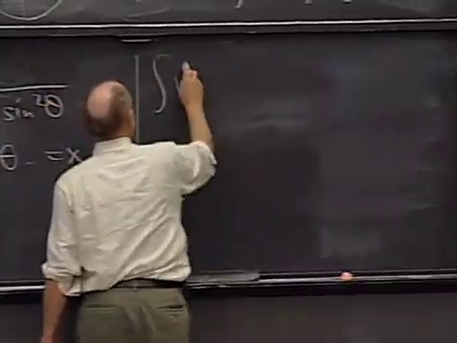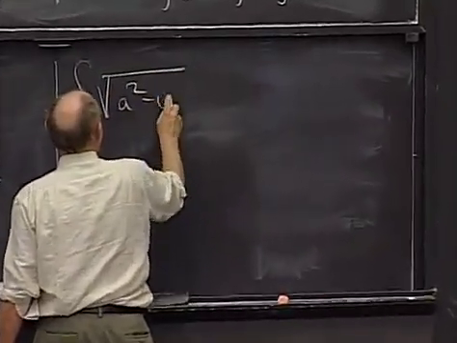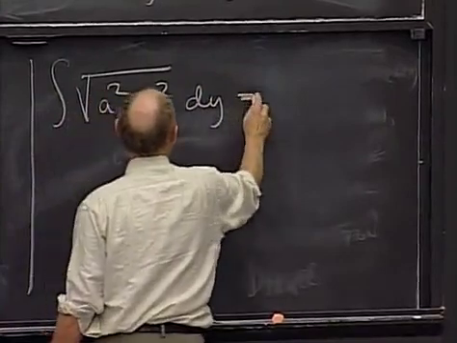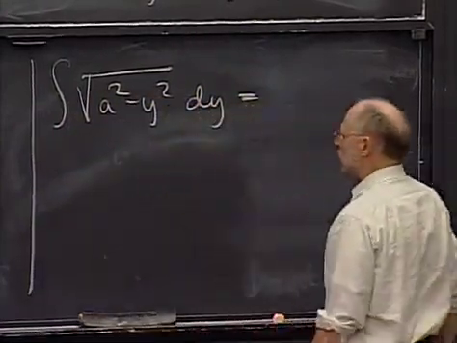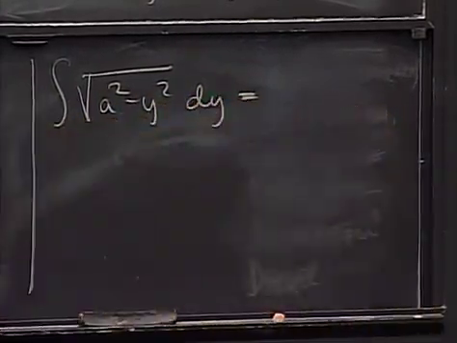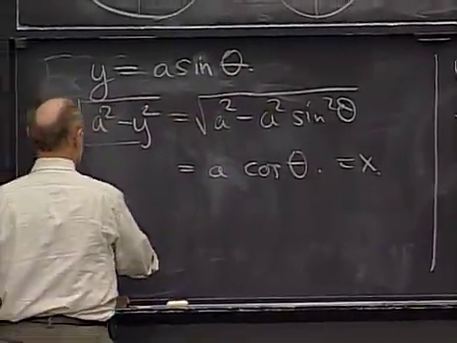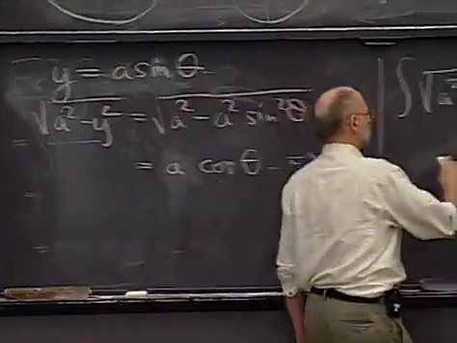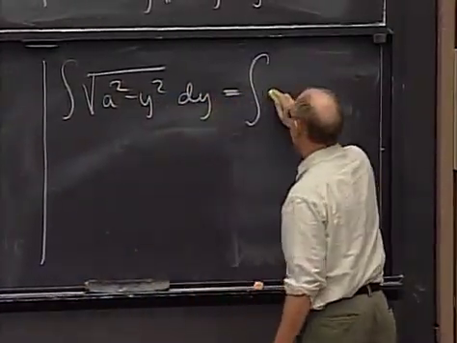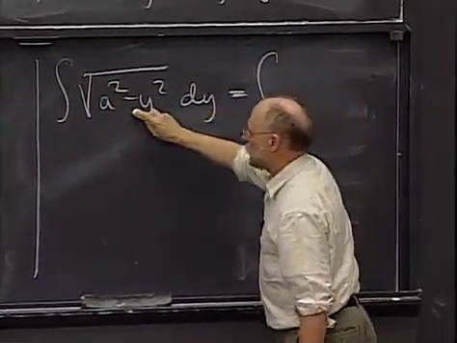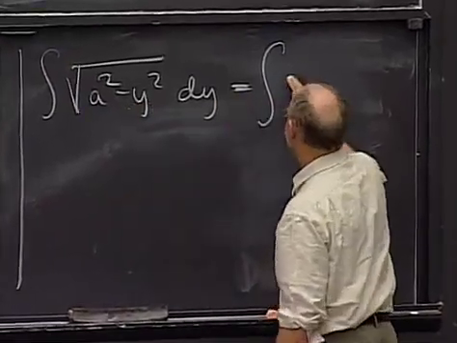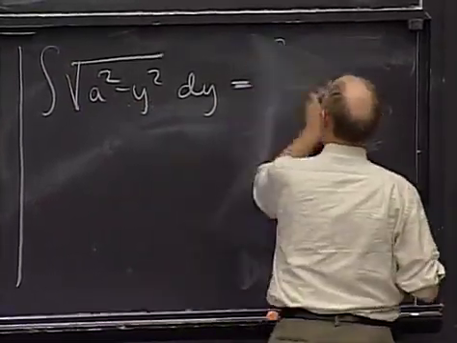So I'm interested in integrating the square root of a squared minus y squared dy. And I'm going to make this substitution. y is a times the sine of theta. And so under that substitution, I've decided that the square root of a squared minus y squared is a cosine theta.